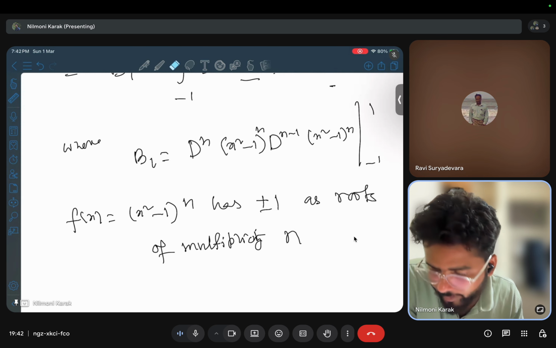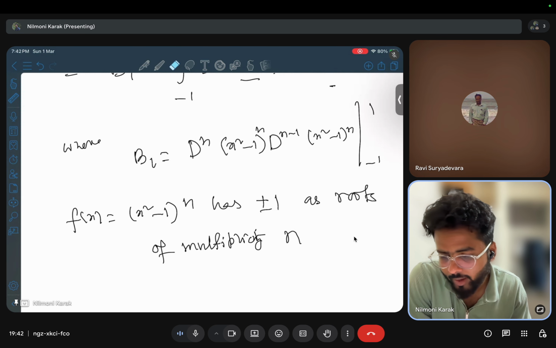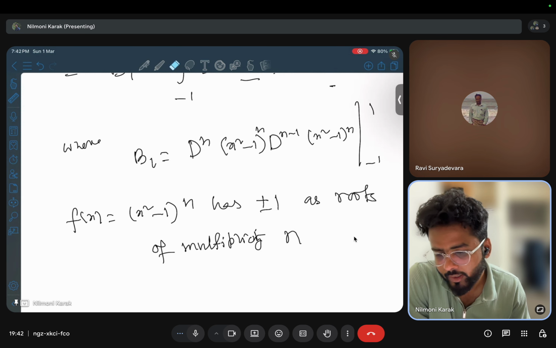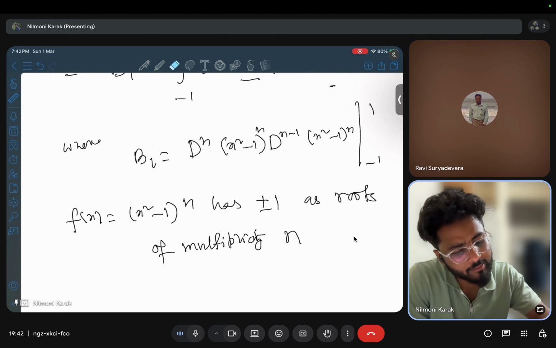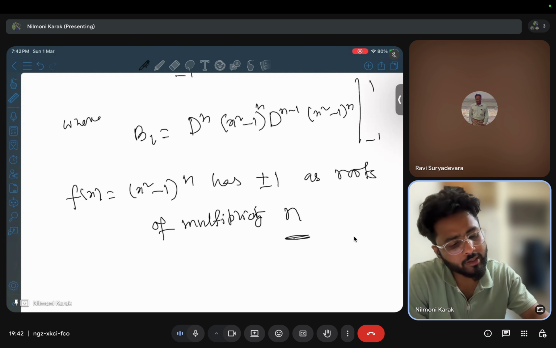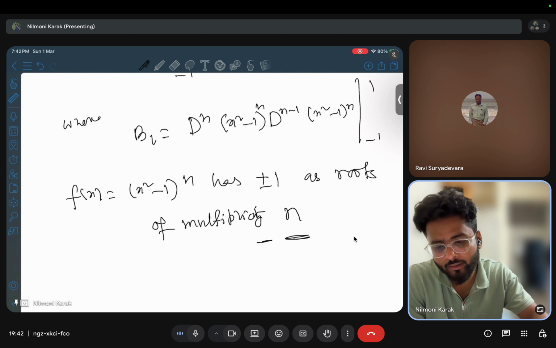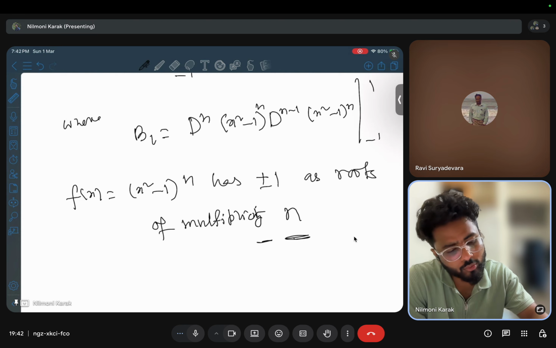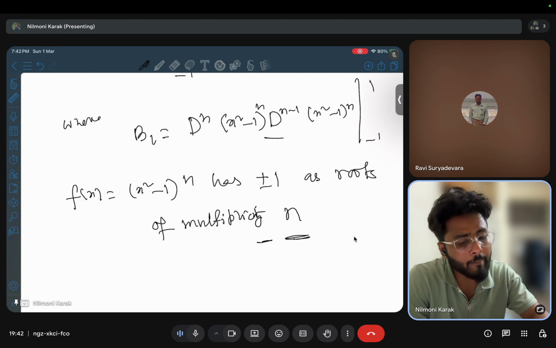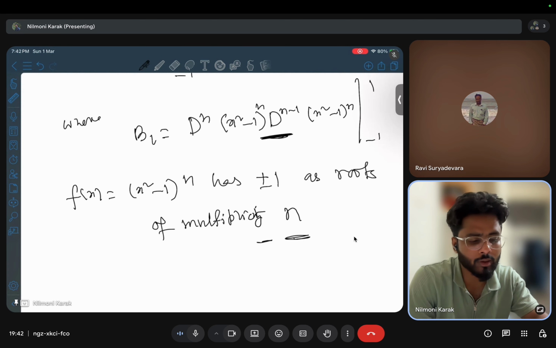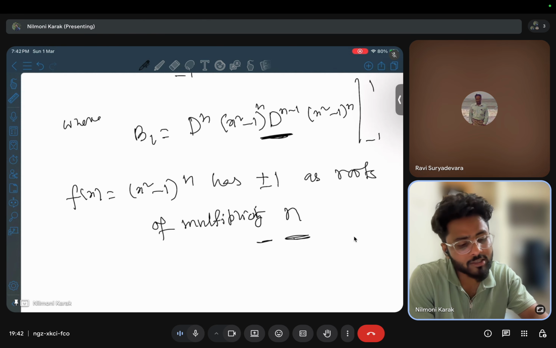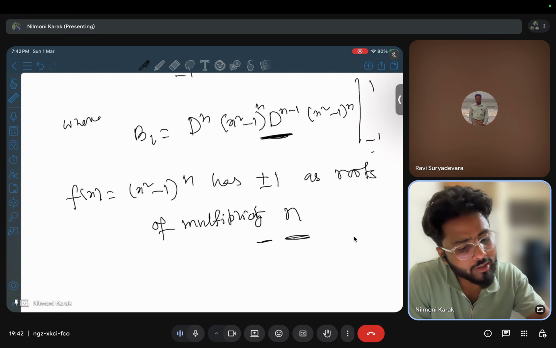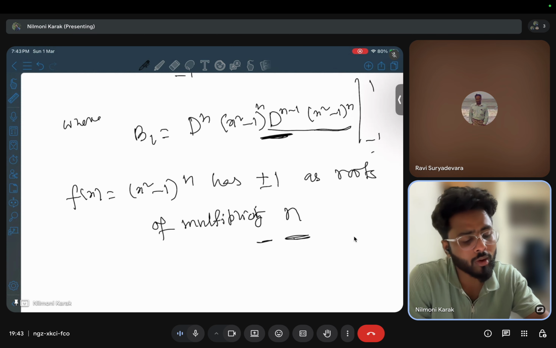All the derivatives of f up to and including order n minus 1 must vanish at plus and minus 1.